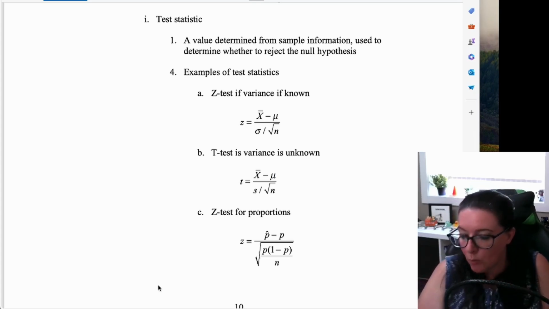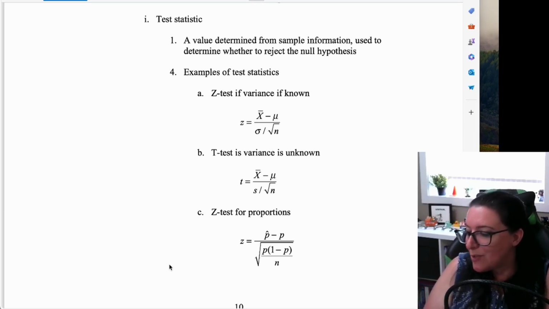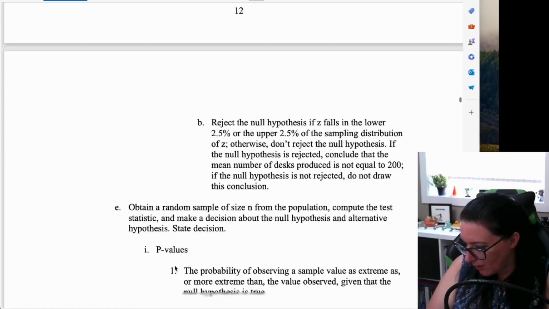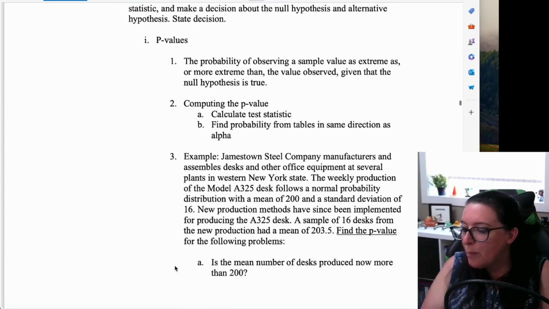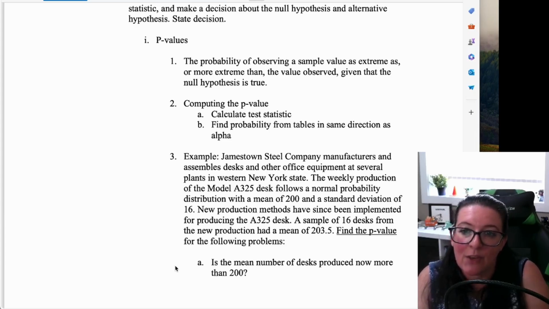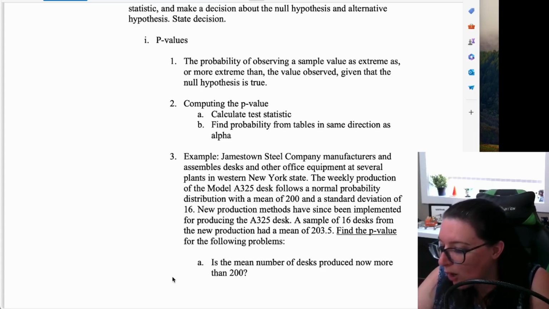Alternatively, you can compare what is called a p-value and your alpha. P-values are the probability of observing a sample value as extreme as or more extreme than the value observed, given that the null hypothesis is true. So when we get a test statistic, so we calculate that t-test, for example, from our sample data, then from there we can go to a t-table and find the probability in the same direction as alpha and compare it to our alpha.